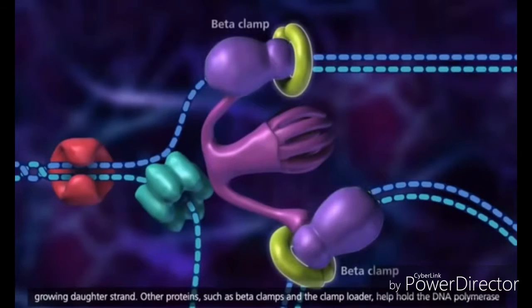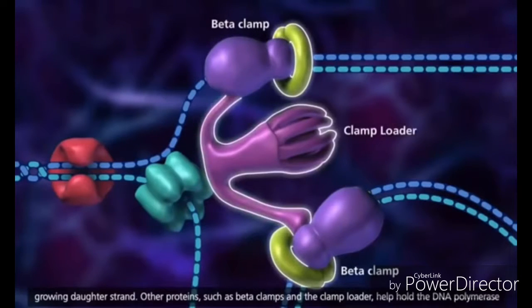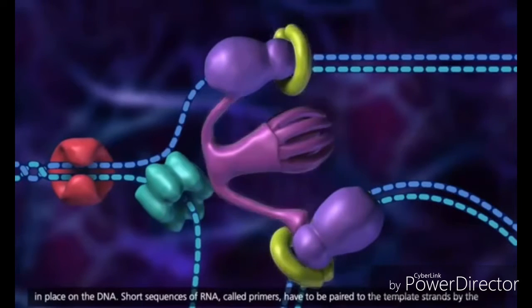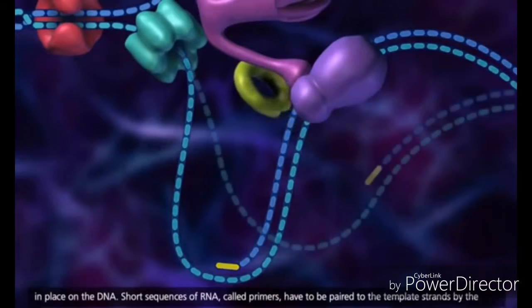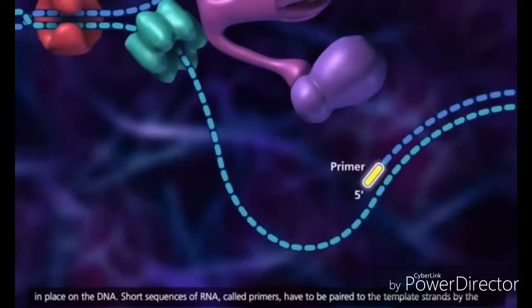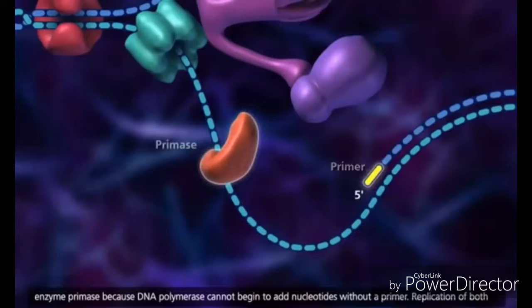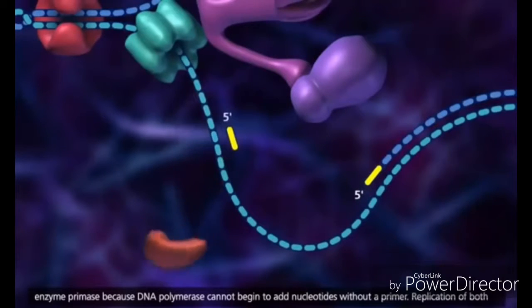Other proteins, such as beta clamps and the clamp loader, help hold the DNA polymerase in place on the DNA. Short sequences of RNA, called primers, have to be paired to the template strands by the enzyme primase because DNA polymerase cannot begin to add nucleotides without a primer.